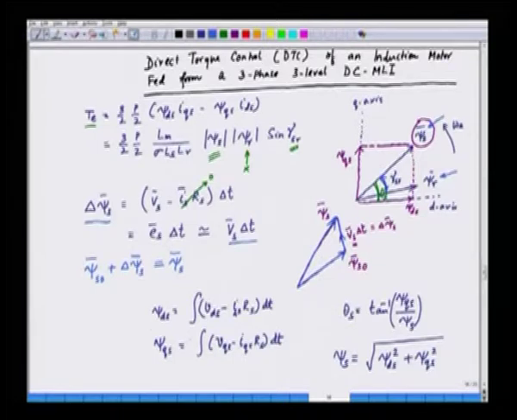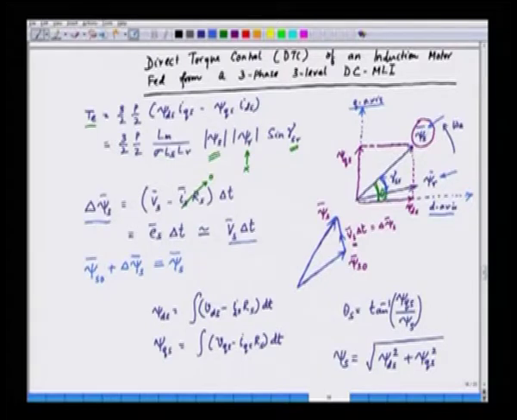Now, we can find out the magnitude of the various fluxes, psi ds and psi qs. This is our d axis and this one is the q axis, d and q axis respectively.